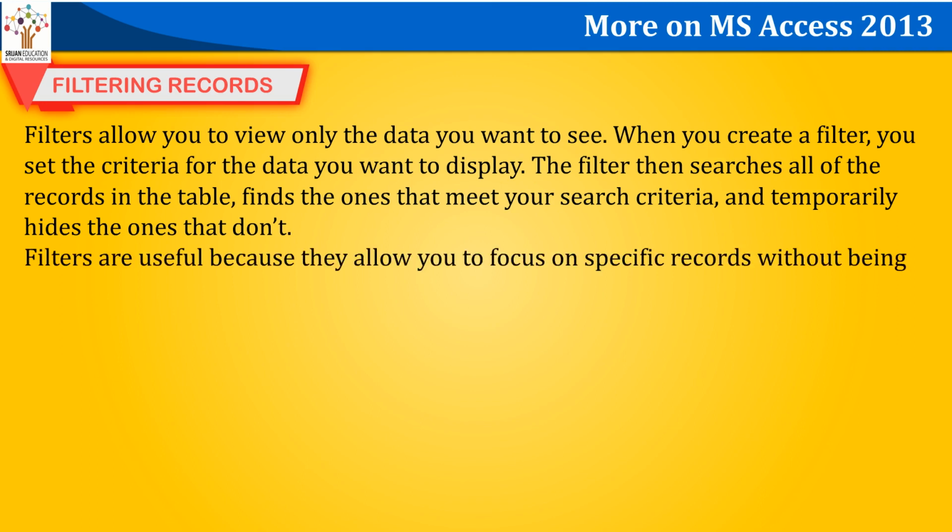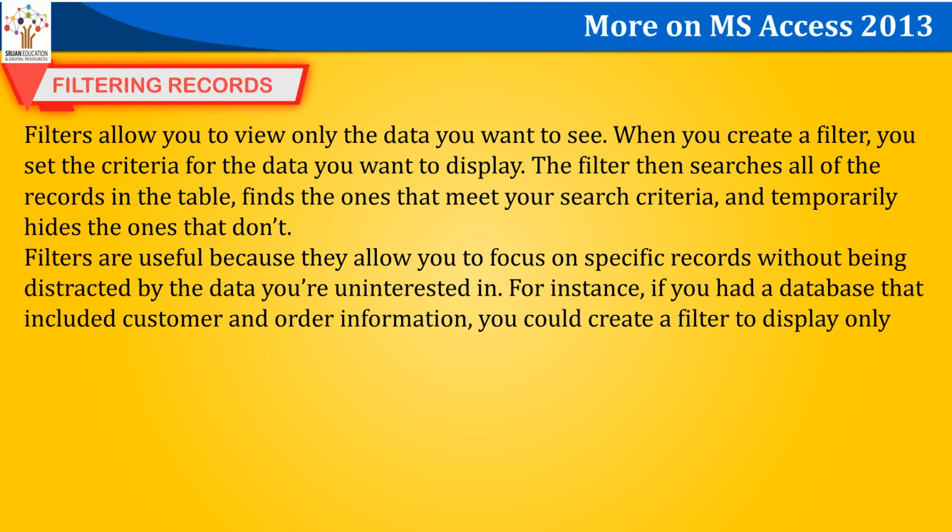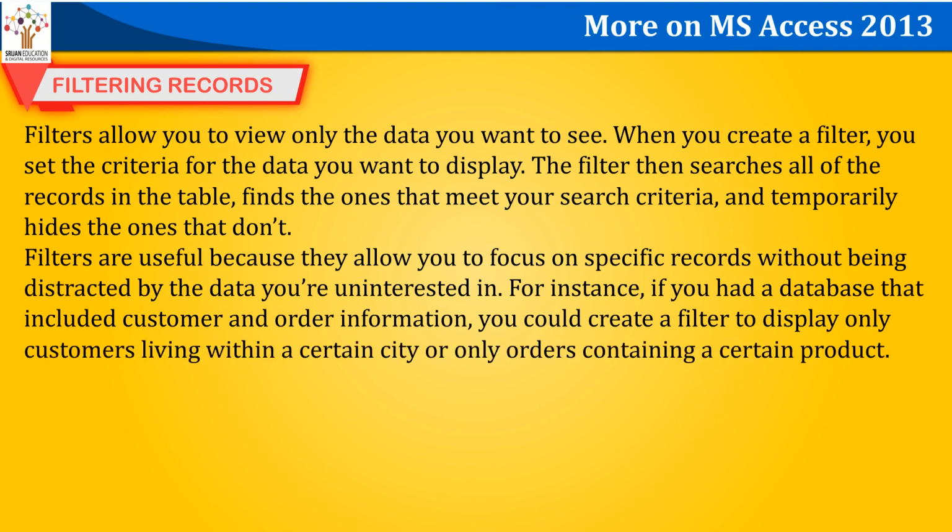Filters are useful because they allow you to focus on specific records without being distracted by the data you are uninterested in. For instance, if you had a database that included customer and order information, you could create a filter to display only customers living within a certain city or only orders containing a certain product.